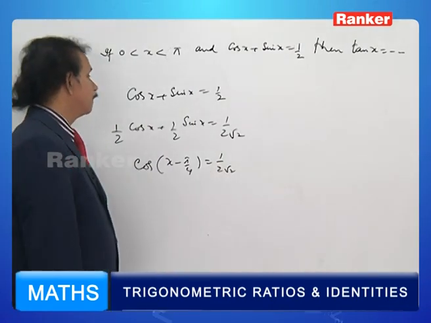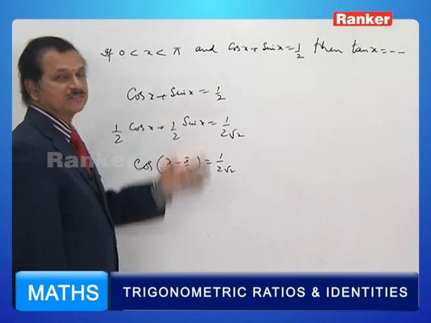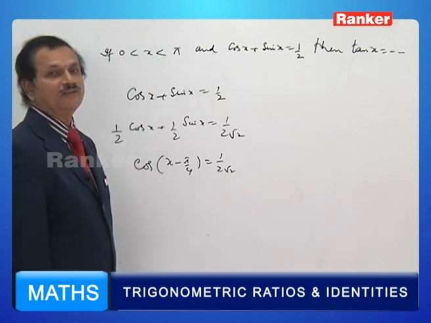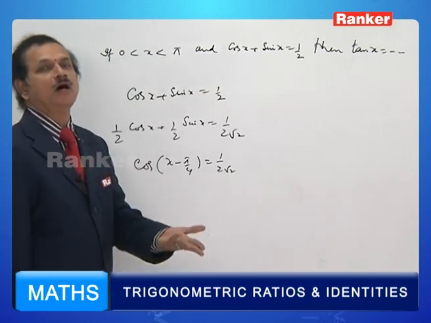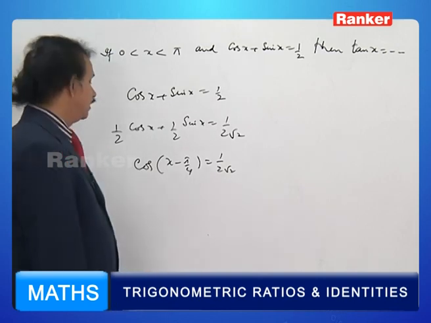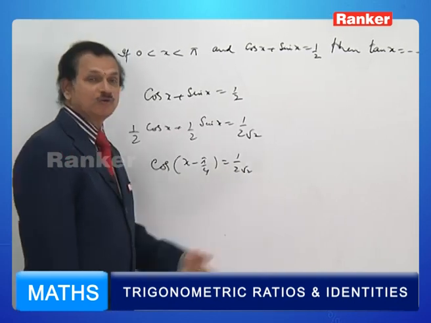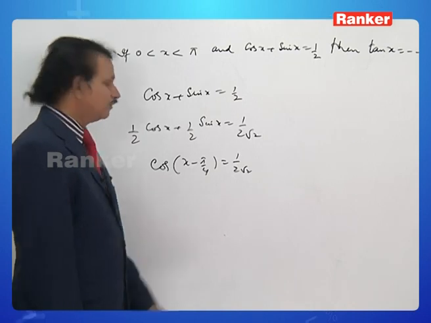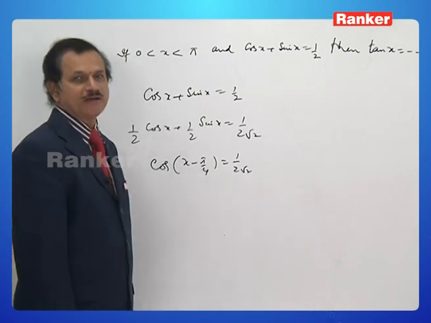Well, my dear, x is less than pi, so it should lie either in the first quadrant or in the second quadrant. But cos of (x minus pi by 4) is positive, so x minus pi by 4 is acute, no doubt.